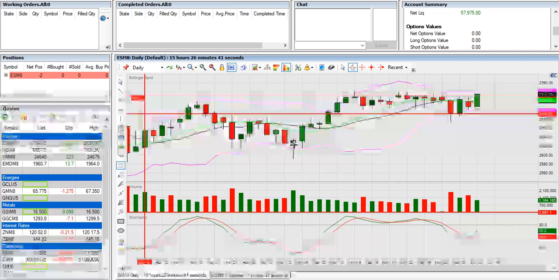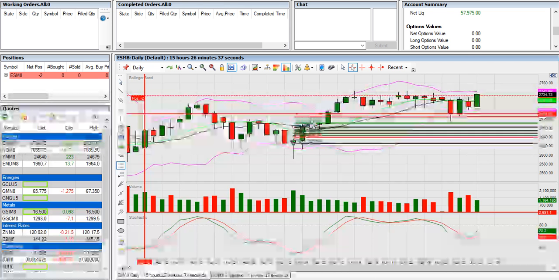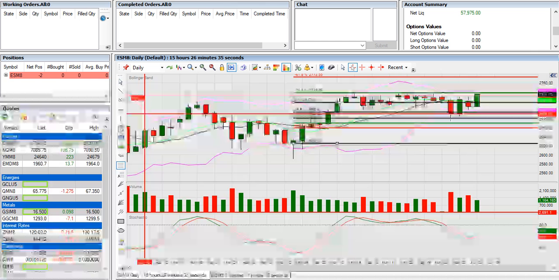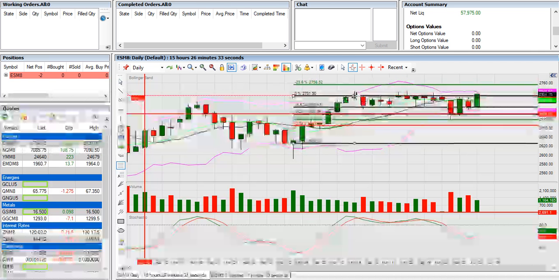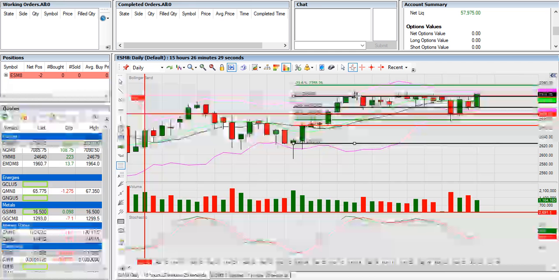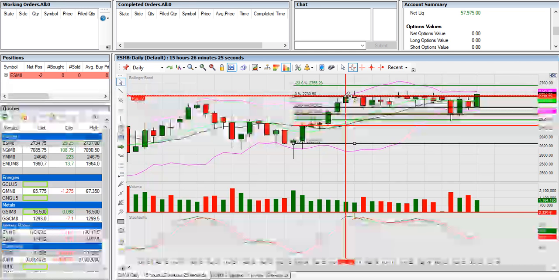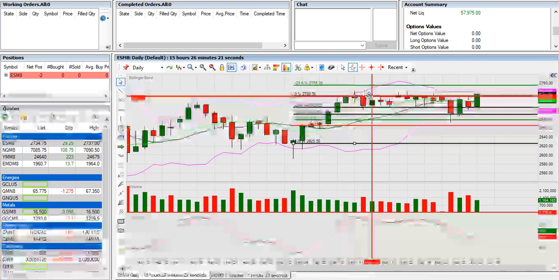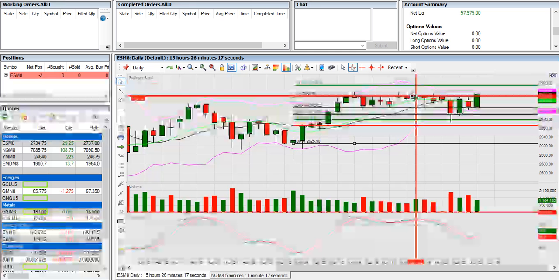So I'm going to take my fib retracement, and I'm going to pull it from the bottom and go up to the top of the bodies here. The reason I'm using the bodies on this area here is the same way. The bodies seem to close and hold key resistance levels all the way across here.